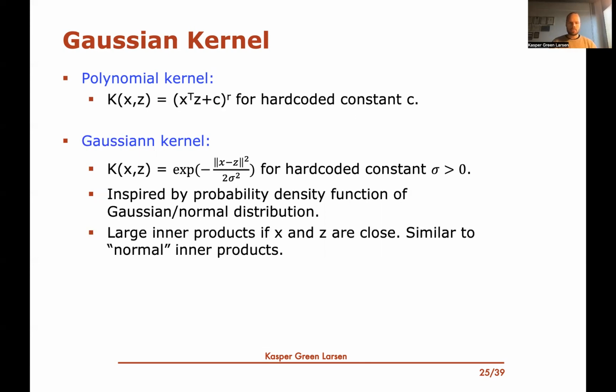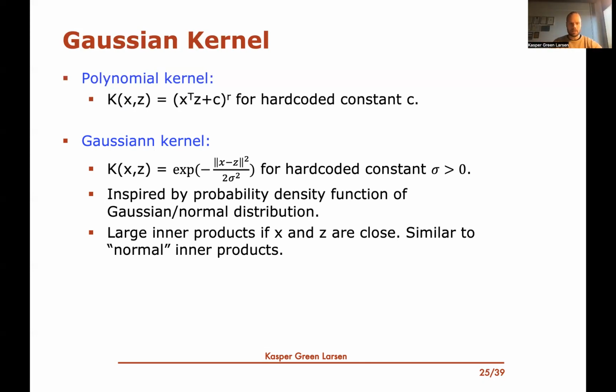So if you think about what happens here, if x and z are close, for instance if they're the same vector, then you would get a 0 here. You would get e to the 0, which would just give you 1. So this would give you a large inner product in some sense. Whereas if they're far away, you get e to the minus something really large, which would give really small inner products. So it behaves in some sense like an inner product. Things that are very close, similar, have large inner products.